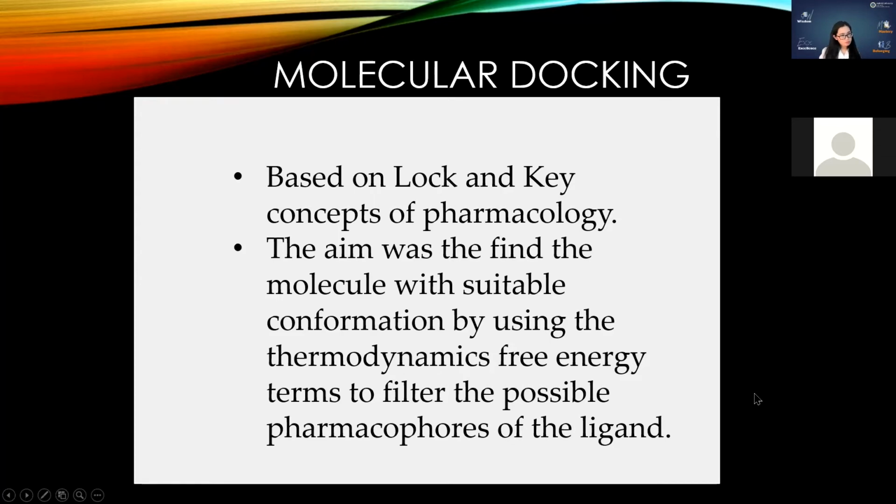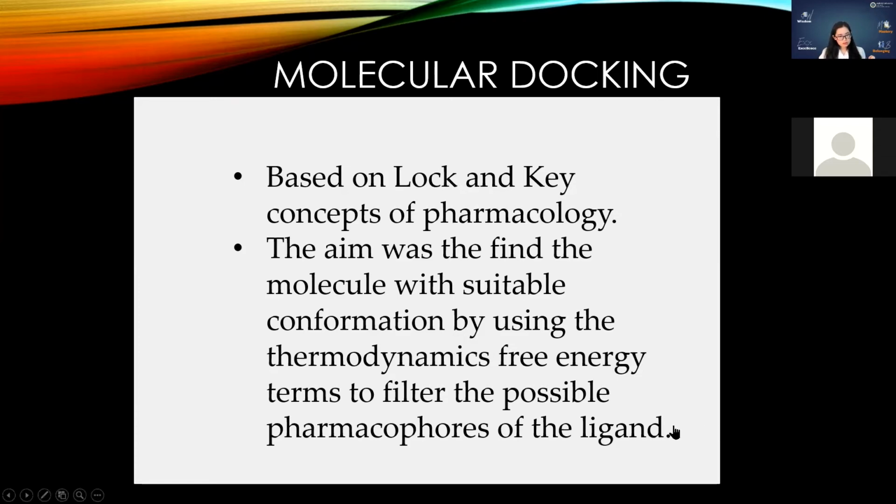So it used a little bit of simulation in combination with the free energy calculation. It tries to find the lowest energy conformation of the ligand, the shape that is very stable and has low energy, in order to fit inside the pocket of the protein in the same way as the lock and key.